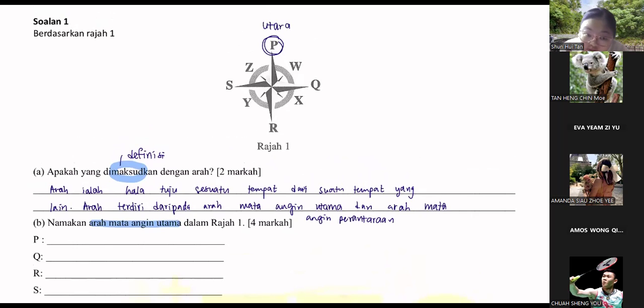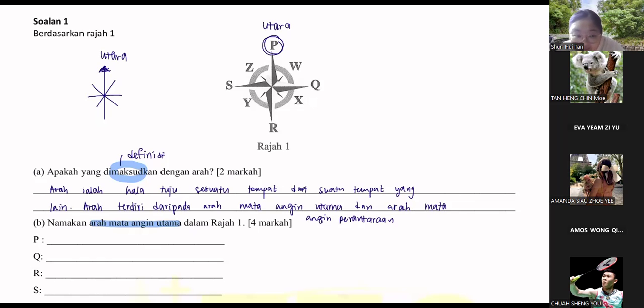But be aware if they use this kind of arrow. When you see the arrow pointing, it's always utara.